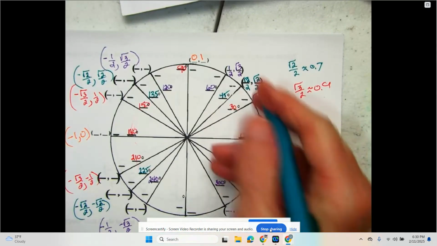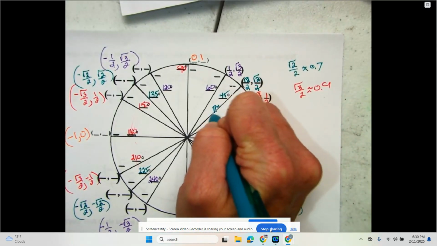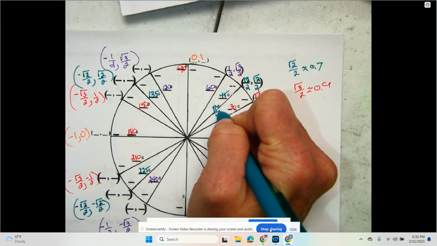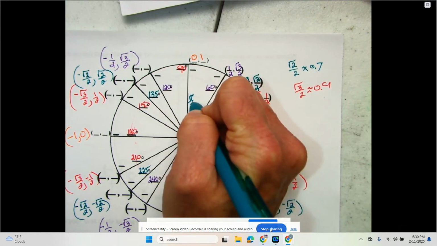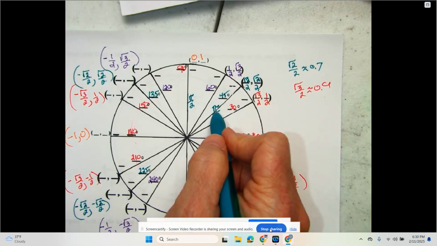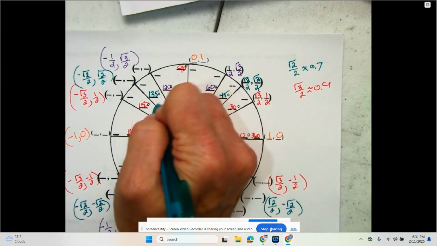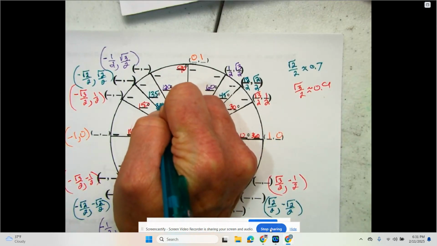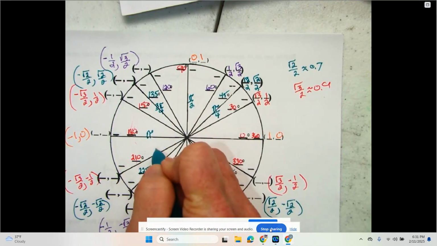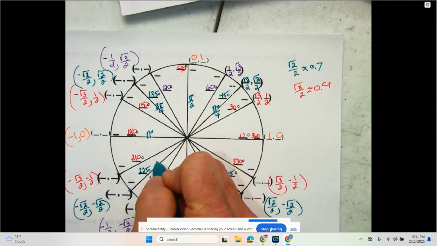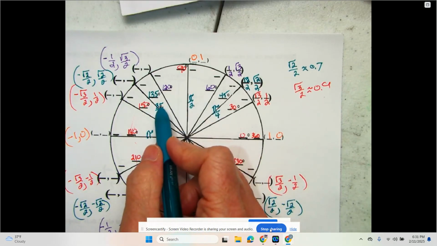So 45 degrees, this was pi over 4. This was 2 pi over 4, which reduces to pi over 2. 1/4, 2/4. This is 3/4. 4/4 or pi. Then 1/4, 2/4, 3/4, 4/4.